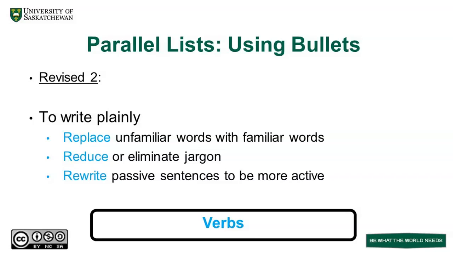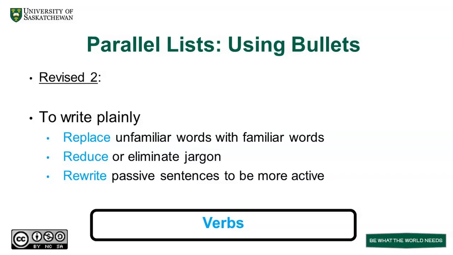Sometimes this bulleted list is an option that's available to you, and it becomes especially important to be very cognizant of how that list is being written, because visually readers are going to be more aware of how the first item in the list is written. So you want to make sure that each item in the list has a very similar and parallel structure.